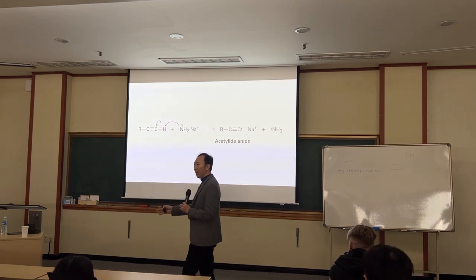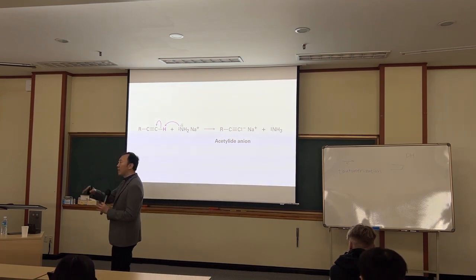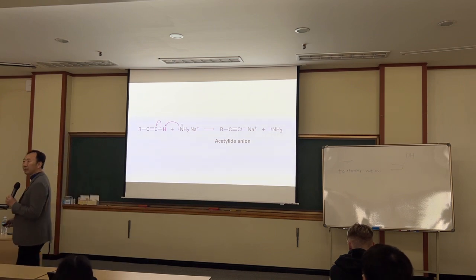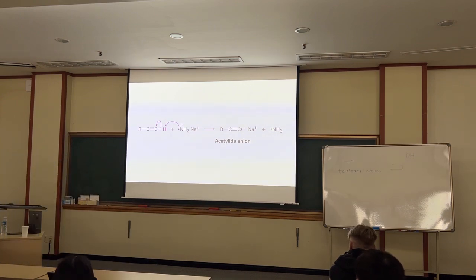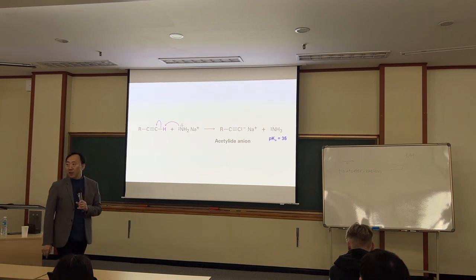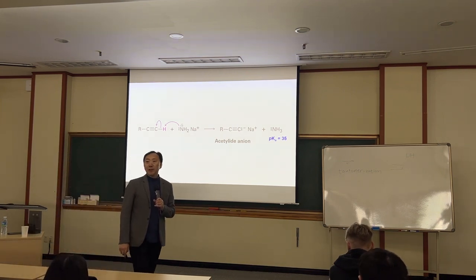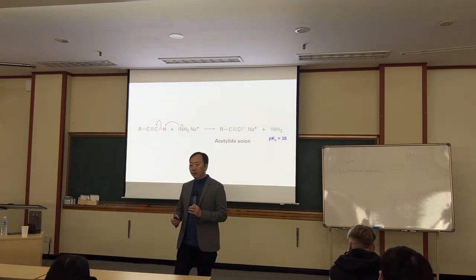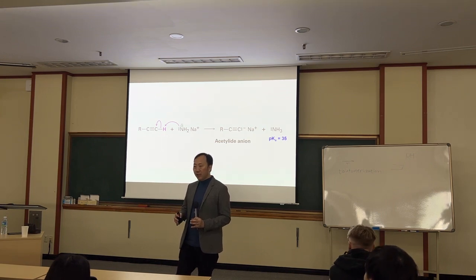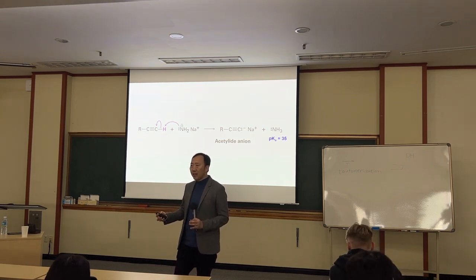Ammonite can also be used, but as a class we call this amide. NH2 minus is a very strong base, and it can capture this proton and generate this carbanion. The pKa of ammonia is about 35. The acid-base reaction happens even though it's a weak acid, if there is a stronger base that can remove the proton.